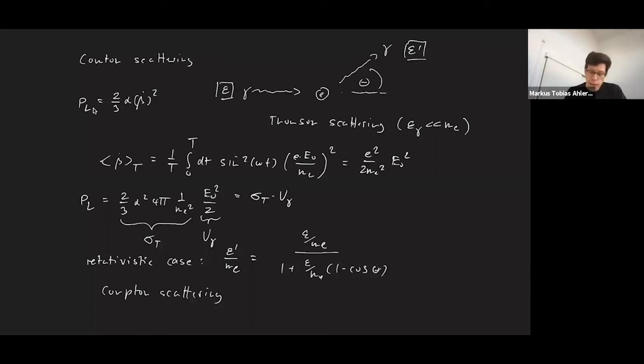So we can now find the total power which is radiated away by a moving electron in the background of photons. I'm going to give you the final result; we will not have the time to derive it.